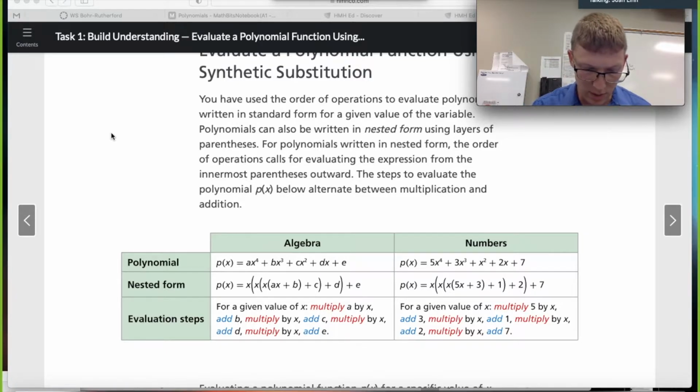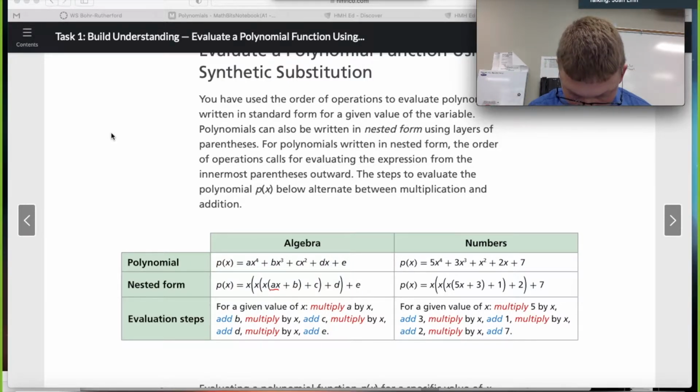I don't think I would ever use the nested form, but here it is. And what they're talking about, like evaluation steps down here, you would first evaluate this inner part, making sure that you're paying attention to rules of priority. I forgot the name of them off the top of my head, but remember, you always multiply first, and then you do everything in parentheses.